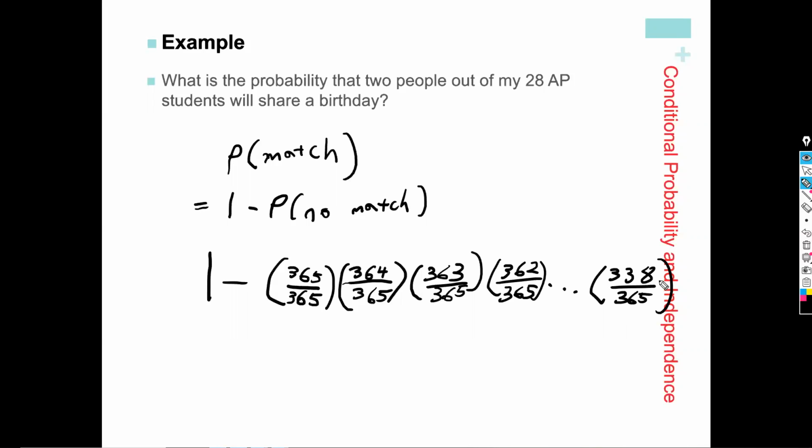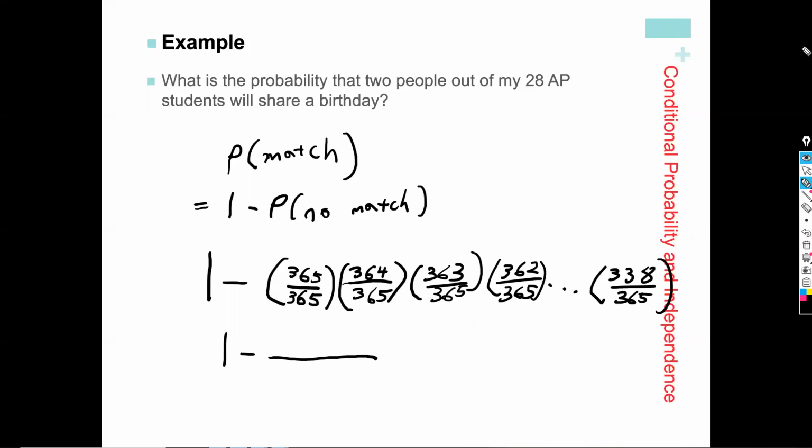So I'm going to set you loose on the calculator in just a second, but I want to make it a little easier to put in the calculator. You're still going to have to put a lot in the calculator, but I'm going to make it a little bit easier, because we can get a common denominator here. All of these are out of 365 days.